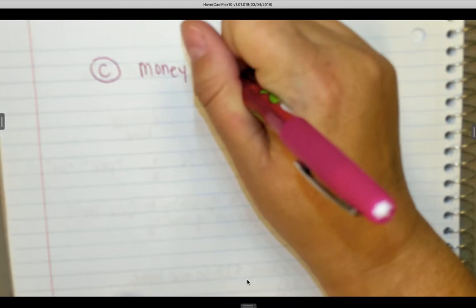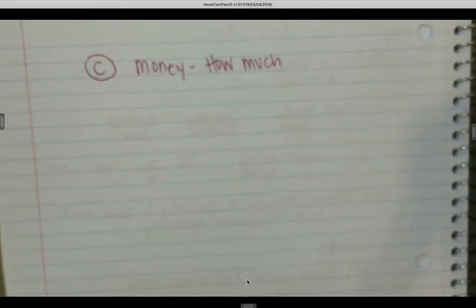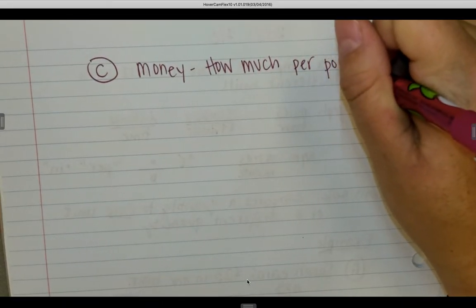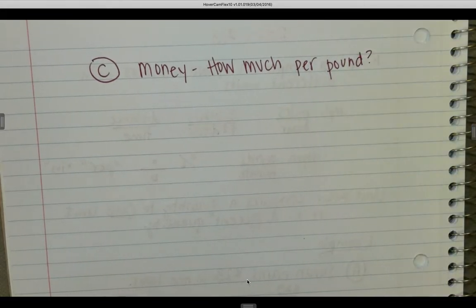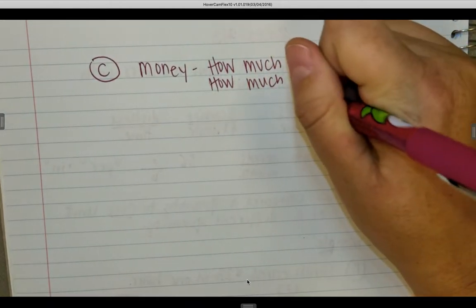All right. When we're talking about money, sometimes the questions are how much per pound, per ounce, per gallon, how much for 1.